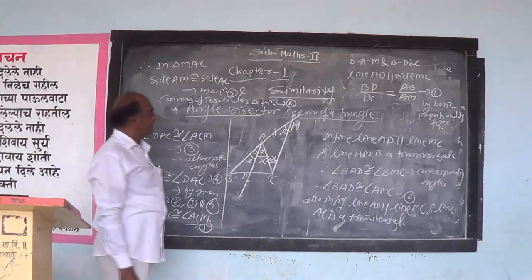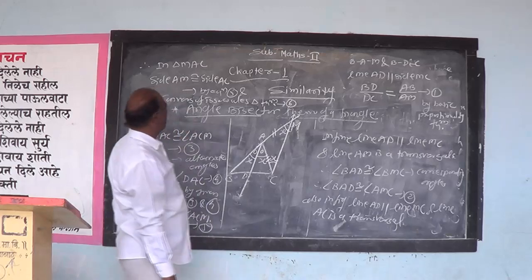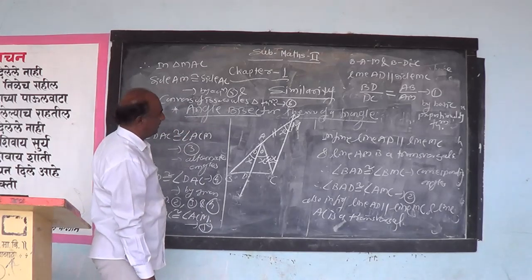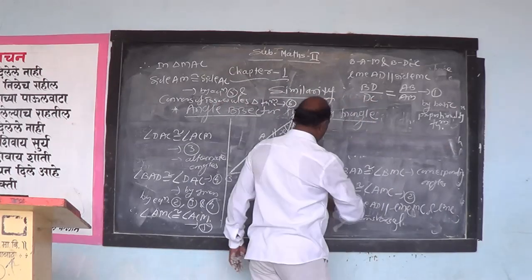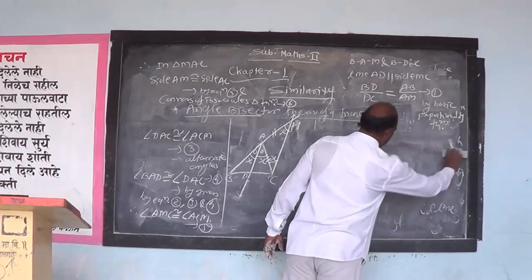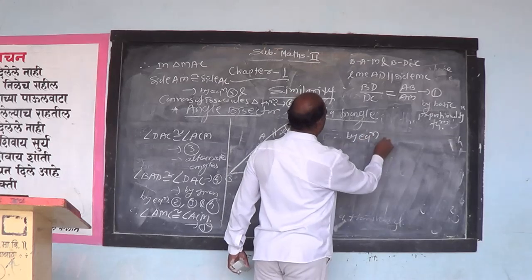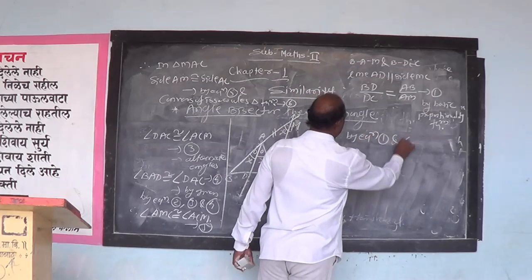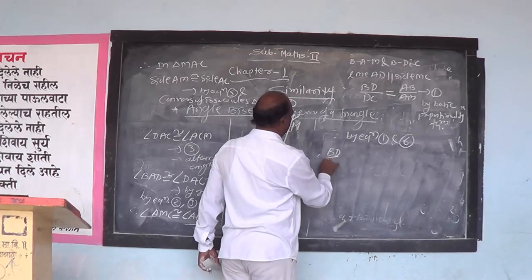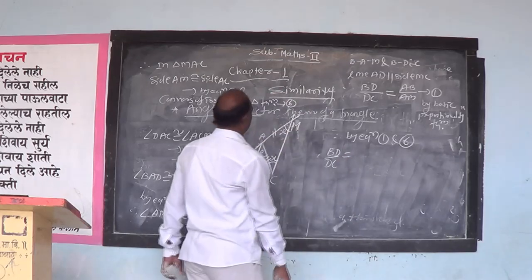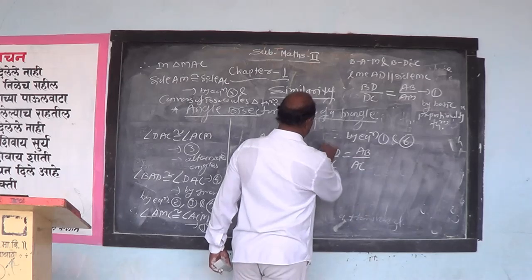Then by equations first and 6 we get a new relation. Therefore, by equations first and 6 we get BD upon BC is equal to AB upon AC.